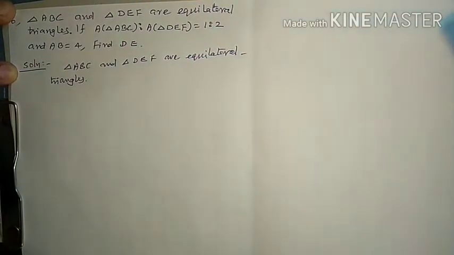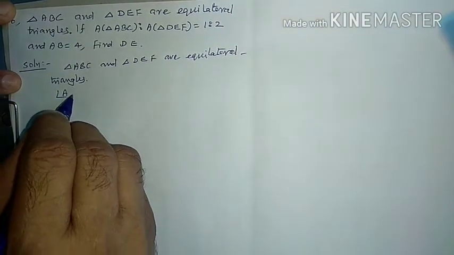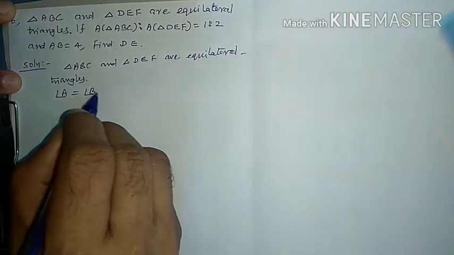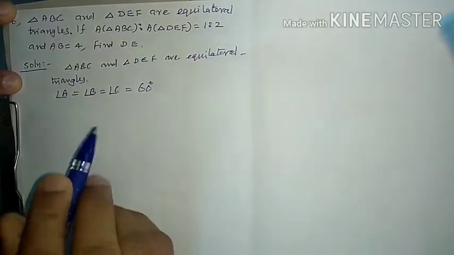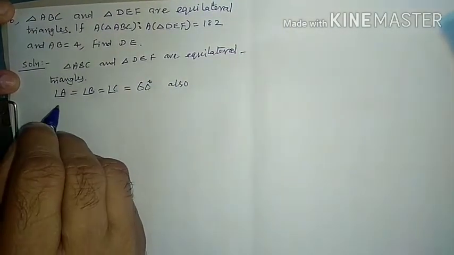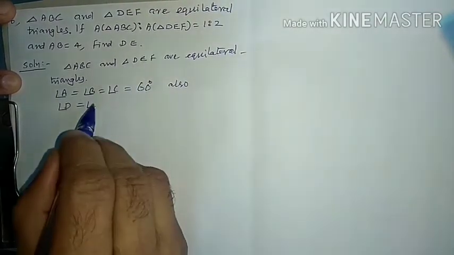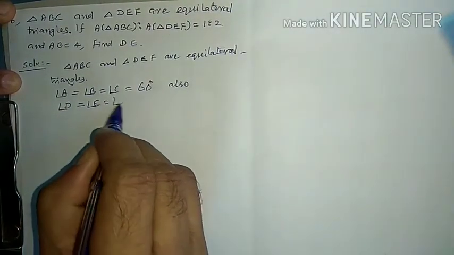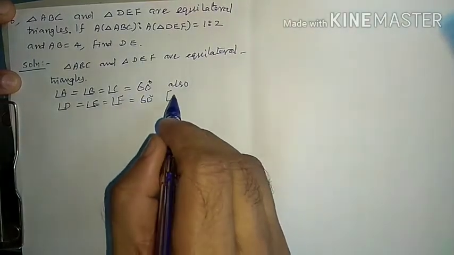We know equilateral triangles are equiangular triangles. Means angle A equal to angle B equal to angle C is equal to 60 degree in first triangle. Also angle D equal to angle E equal to angle F, also 60 degree. What is the reason? Angles of equilateral triangles.